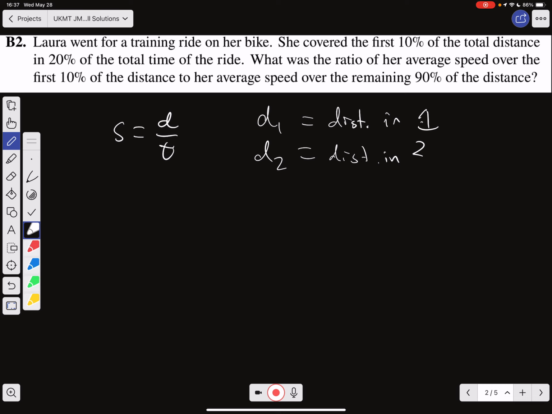Now we can let T1 be the time in the first part, and T2 be the time in the second part.